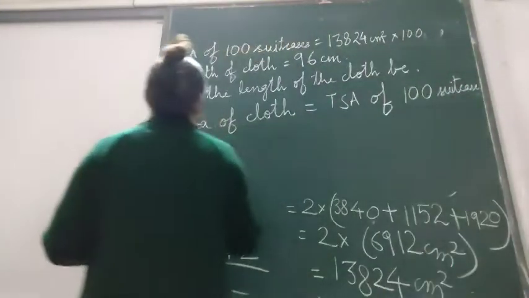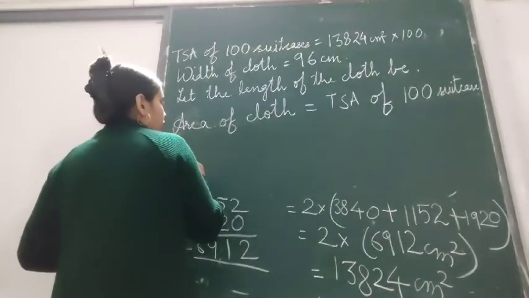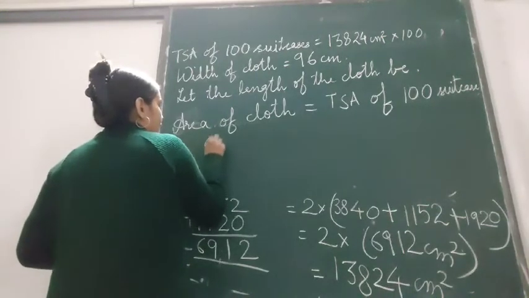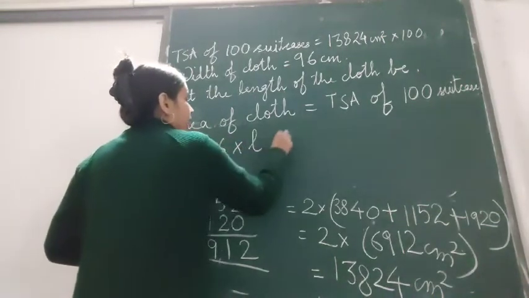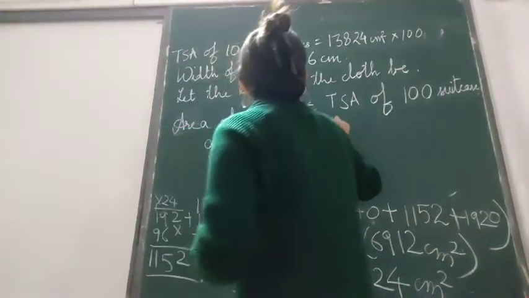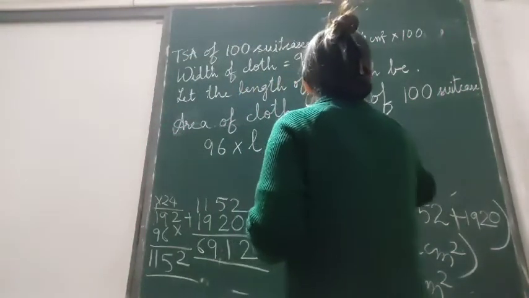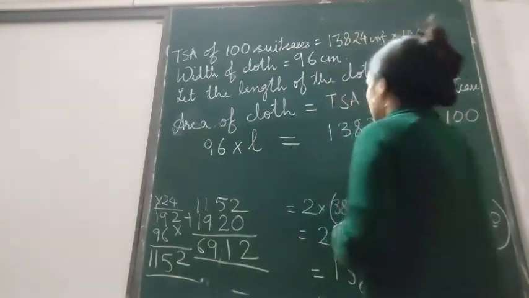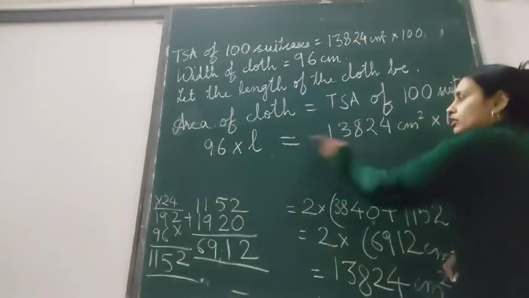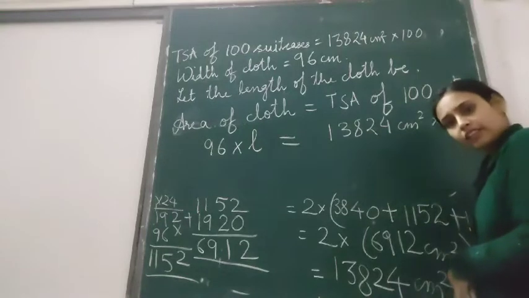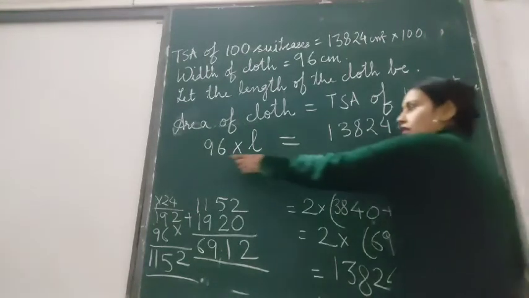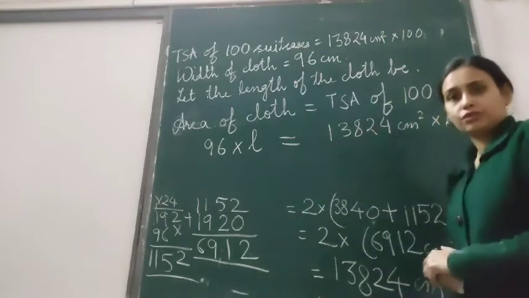So area of the cloth is length into breadth, that is 96 into L, which is equal to the total surface area. Now these both will be equal. Why will they both be equal? Because this is the area where this cloth will be used.